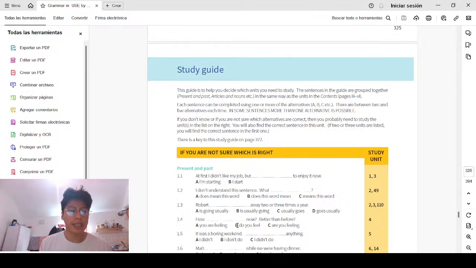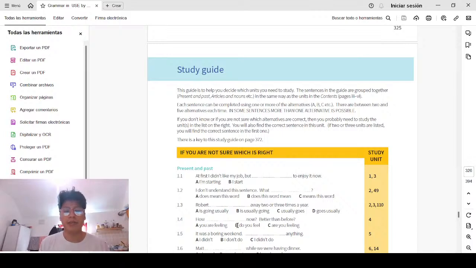Each sentence can be completed using one or more of the alternatives A, B, C. That's interesting. There are between 2 and 5 alternatives each time. In some sentences, more than one alternative is possible. If you are not sure which alternatives are correct, then you probably need to study the units.